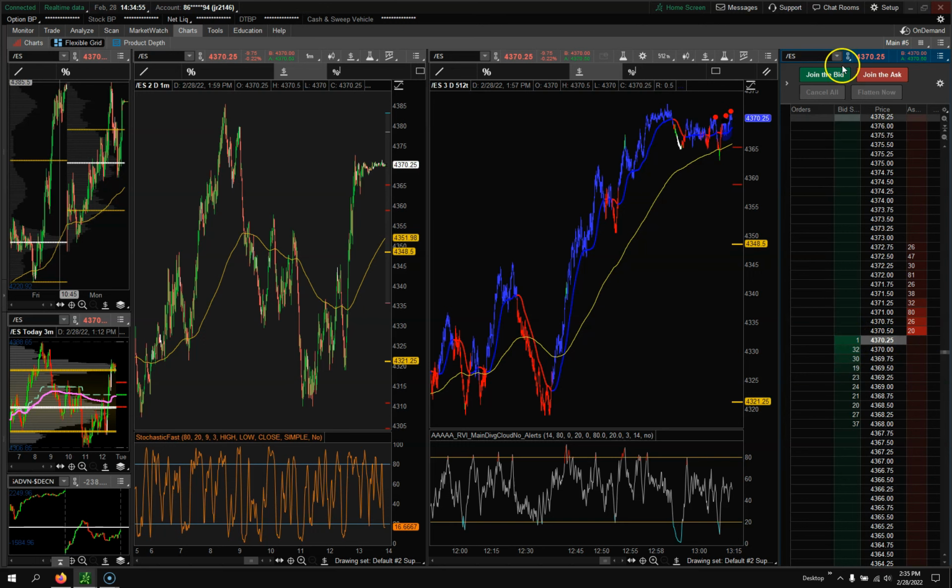But if I click join bid, see how I put my mouse over, it's actually going to fill or add me to the current best bid, and I could get one tick better fill a lot of times, and that means my target is now one tick less than if I got in up here. So that's what's going on over here.